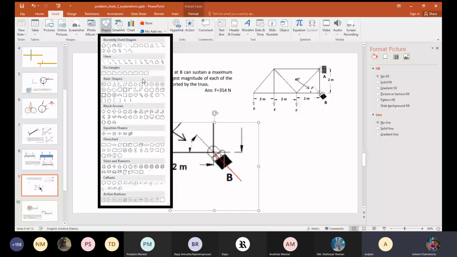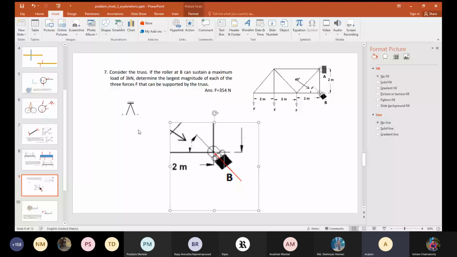Yes, that's what I'm saying. If instead of truss, it was written, consider the trapezium, then also this problem is exactly the same. Yes, sir. Basically, you have 3 known forces: F, pin joint at A with Ax, Ay, and roller at B with normal at a certain angle. Take moment about point A, get the answer.